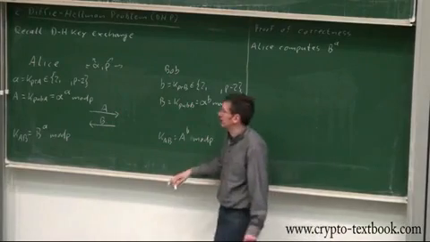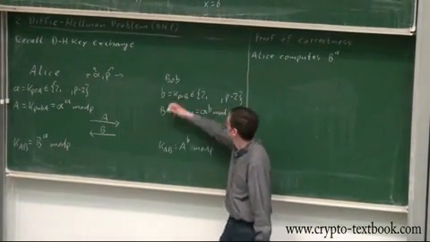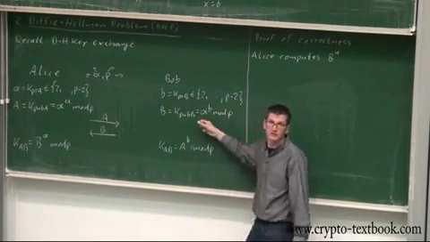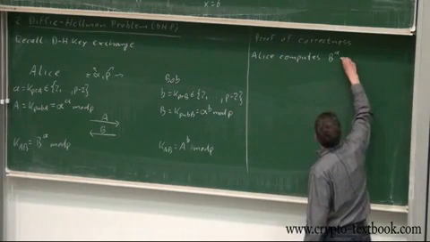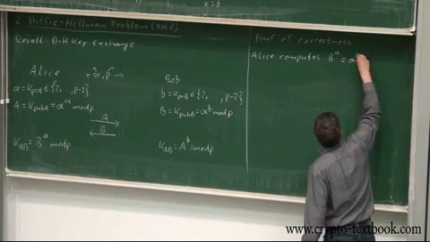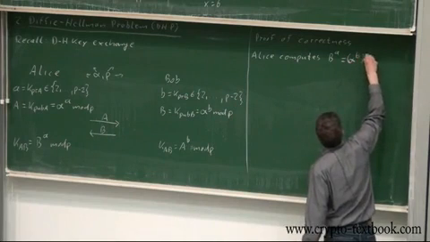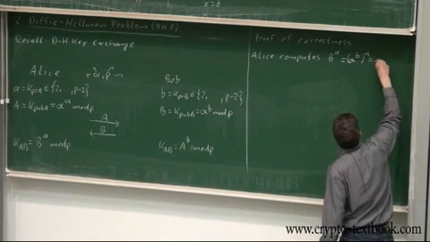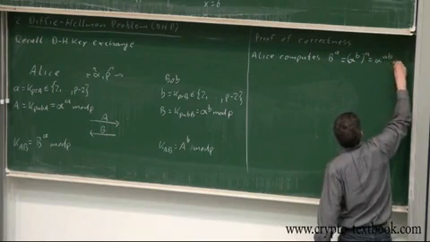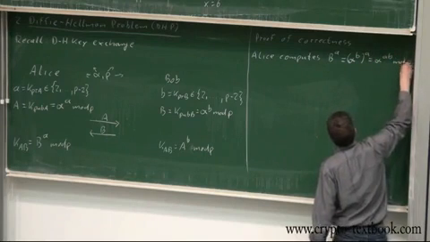Well, let's see where B is coming from. B is coming from here. Bob computes B in this way, so we simply substitute that. So we get alpha to the b to the a, so this is obviously alpha to the ab mod P.